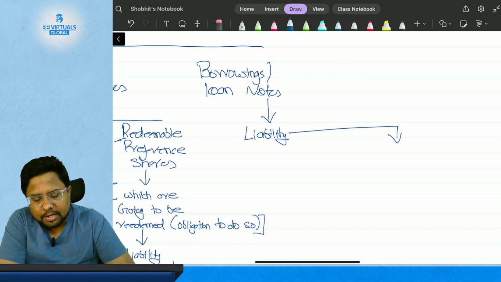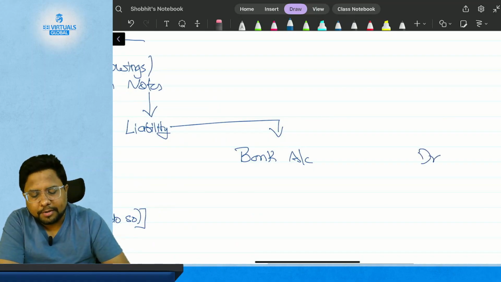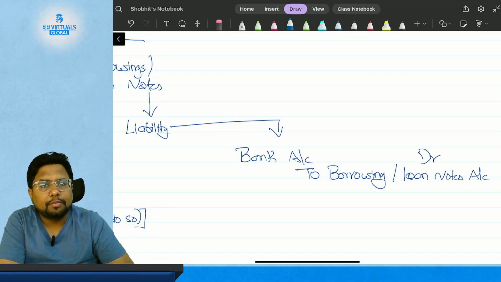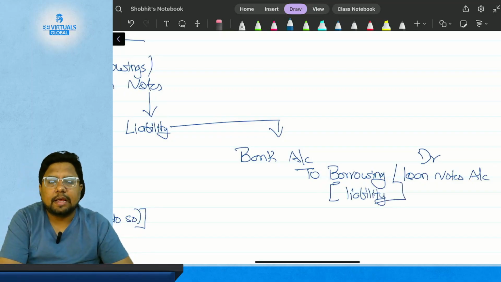So the entry will be very simple: bank account debited to borrowing of the loan notes account, which is going to be classified under the heading of liability.